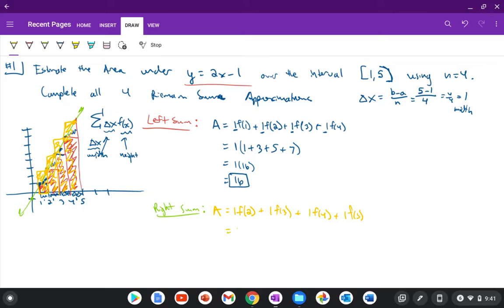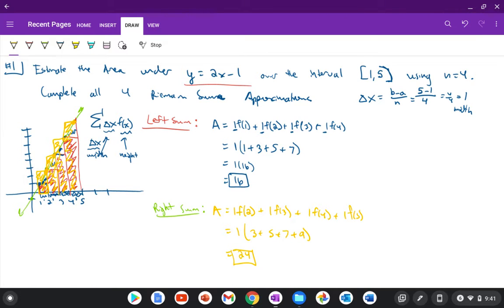All right, so everything's pretty much the same. I can pull out the 1, and this is going to be 3 plus 5 plus 7 plus, and then f of 5 is actually going to be 9. So when I add up all of those, instead of 16, we're going to get 24.